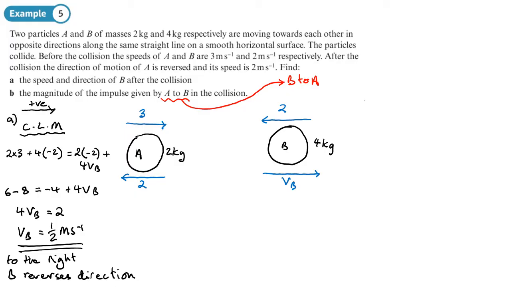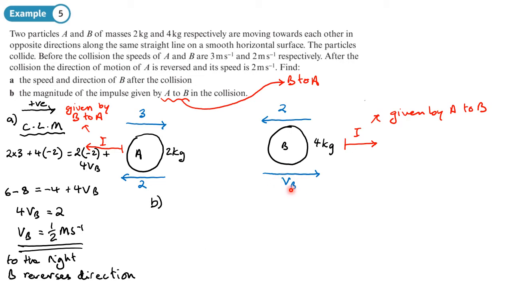So if I draw my impulse on a diagram, this is the impulse given by A to B, and this impulse over here is the impulse given by B to A. It doesn't matter which one I work out because they're equal and opposite.